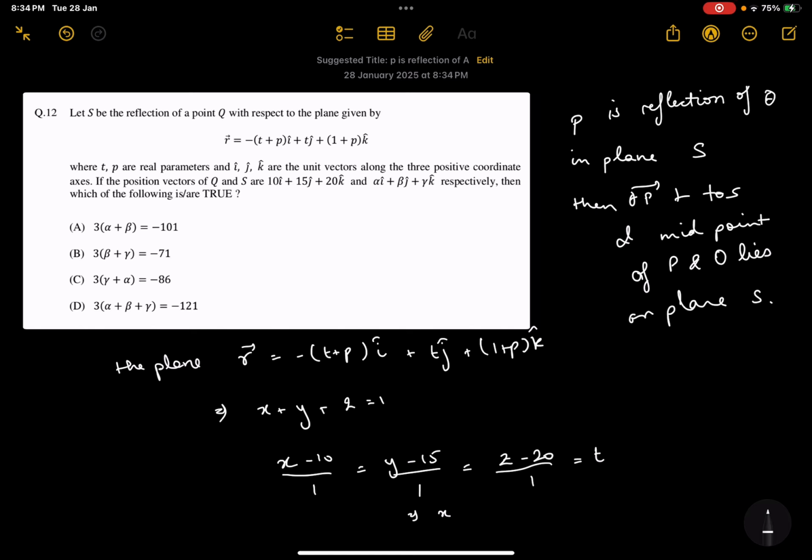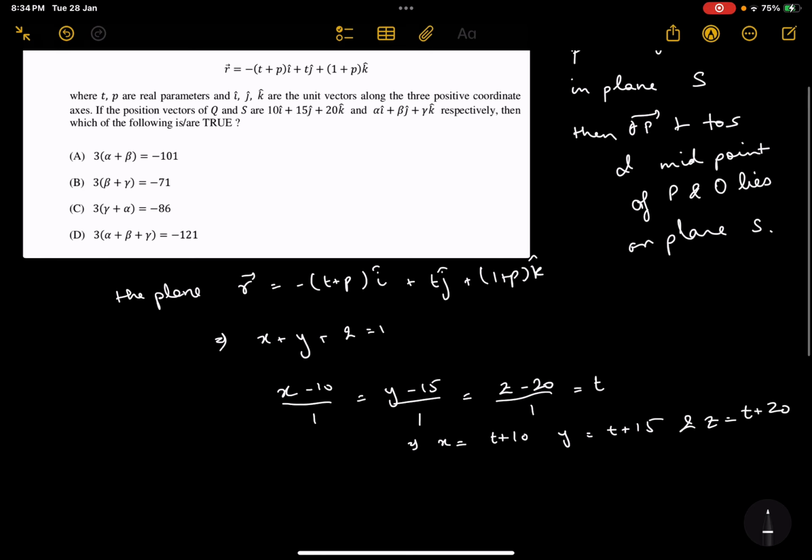That gives us x equals to, also we have x plus y plus z equals to 1, which becomes 3t plus 45, which means t equals minus 44 by 3.